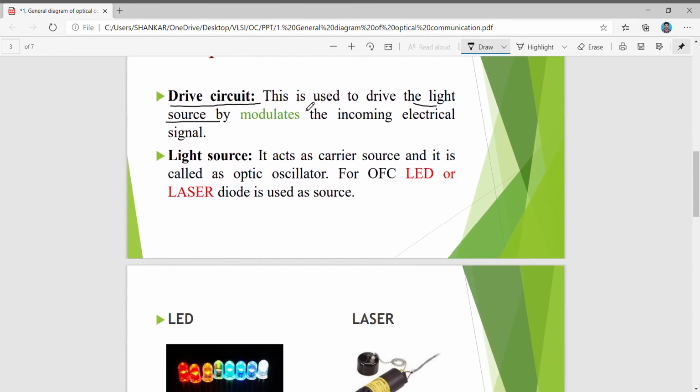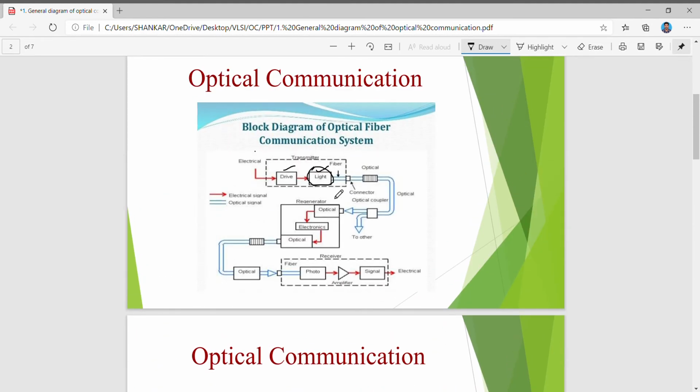The drive circuit drives the light source by modulating, which means it makes some changes to drive the light source for the incoming electrical signal, and then the modulated signal is applied to the light source. This is the light source.